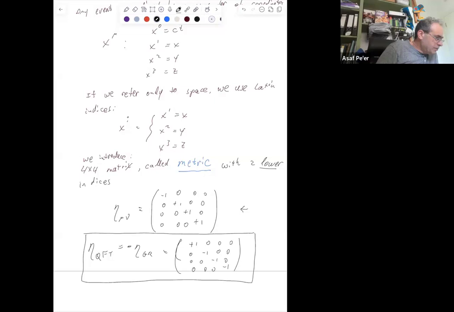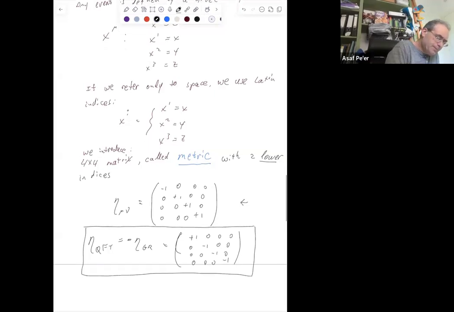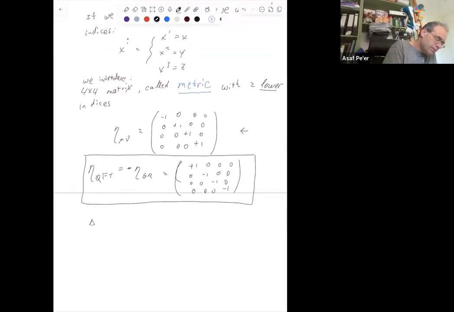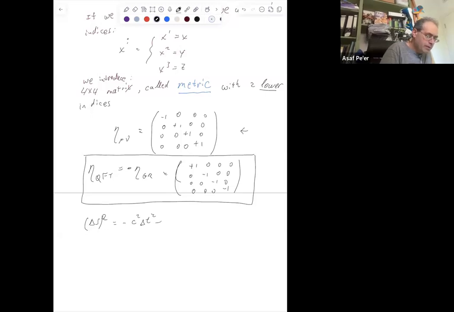Now, with this new notation, we're going to write the interval in a compact form. So delta S squared. Remember, we introduced the interval delta S squared as minus C squared delta T squared plus delta X squared plus delta Y squared plus delta Z squared.